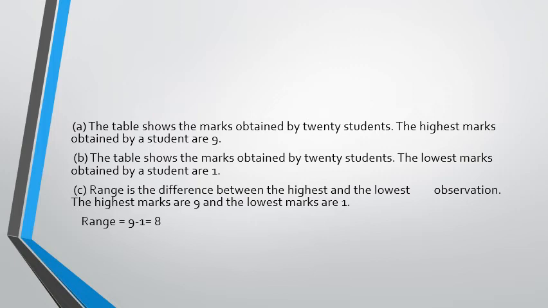The third question was, what is the range of the data? Range is nothing but the difference between the highest and the lowest. So the highest marks were 9, the lowest marks are 1. We subtract both of them, we get 9 minus 1, and we get our answer. The range is 8.